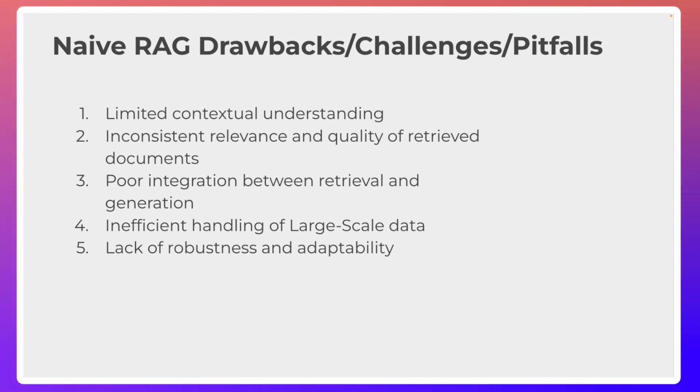You can imagine if a user query is vague or multifaceted, a naive RAG might retrieve documents that partially address different aspects of the query, but fail to provide a coherent and comprehensive answer. Okay, so these are some of the main drawbacks or challenges or even pitfalls of naive RAG.